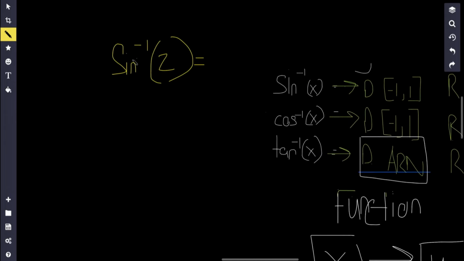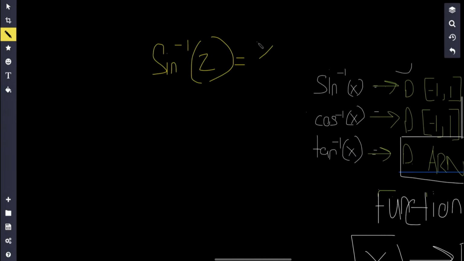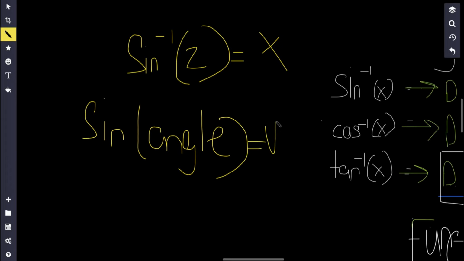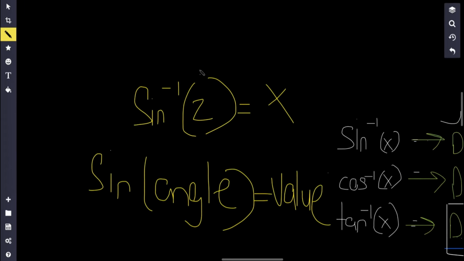And the reason for that is because in the context of an inverse trig function, remember that sine of some angle corresponds to one value. However, this is giving you a value. If we're given that the value is equal to 2, find the angle that corresponds to it.